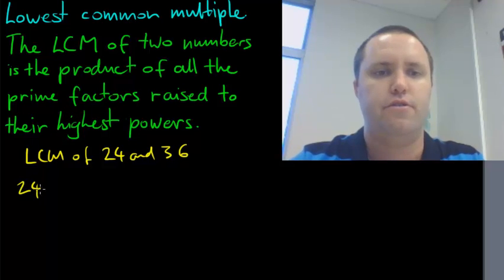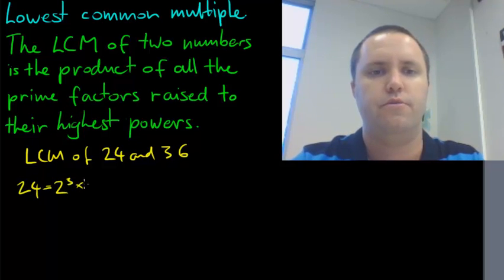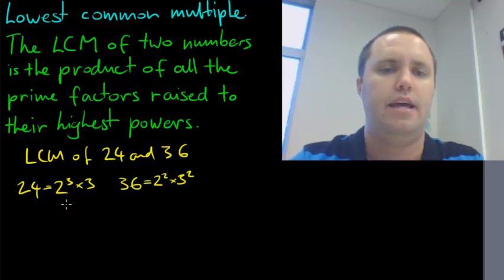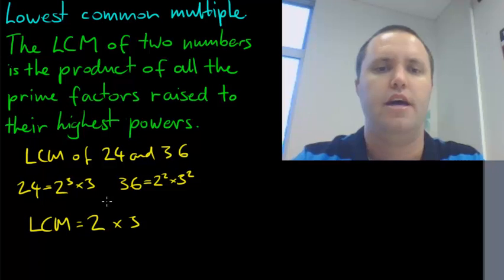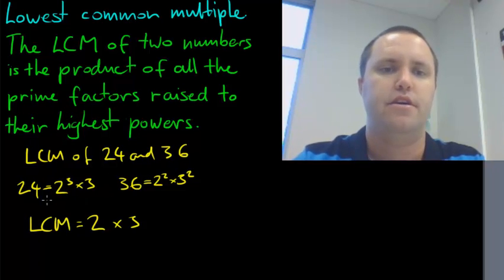So 24 was 2 cubed times 3, and 36 was 2 squared times 3 squared, and that means our LCM is all the factors. So we have a 2 and a 3, that's it. So we have a 2 times 3, and we have to raise them to the highest powers. Our 2 highest power is a 3, our 3 highest power is a 2.